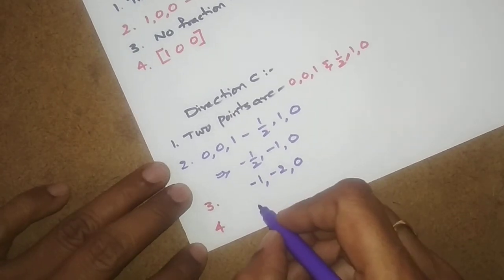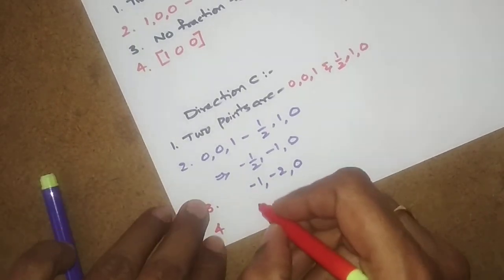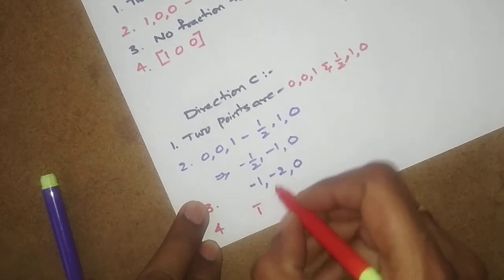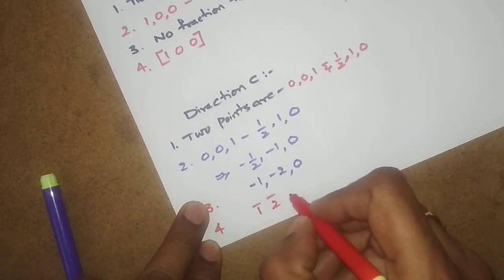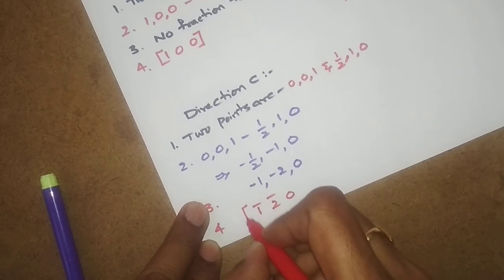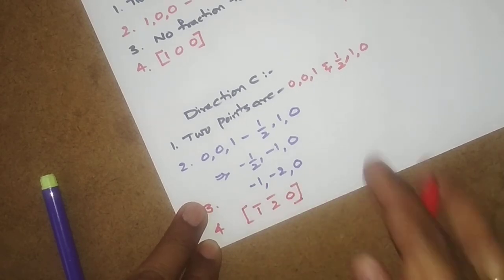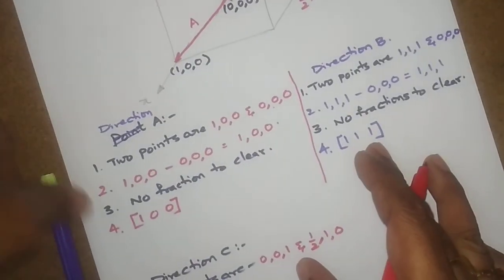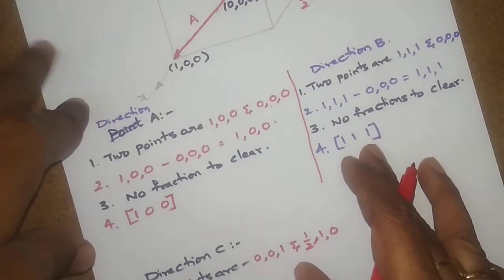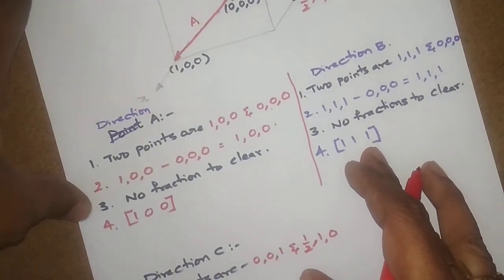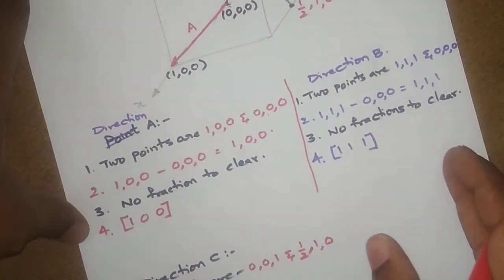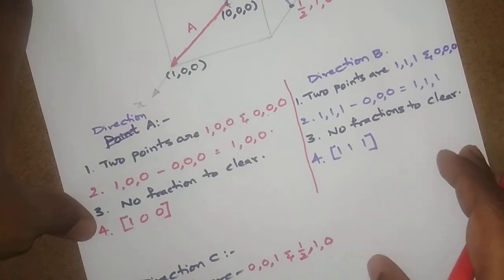So how to represent them? Minus 1 should be written as 1 bar, and minus 2 should be written as 2 bar, and 0. Then we enclose them in square brackets. I hope it is clear how to identify the Miller indices for a direction.